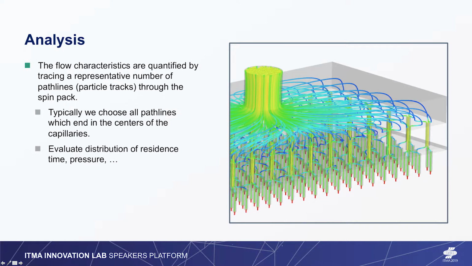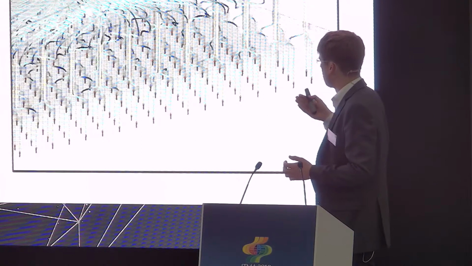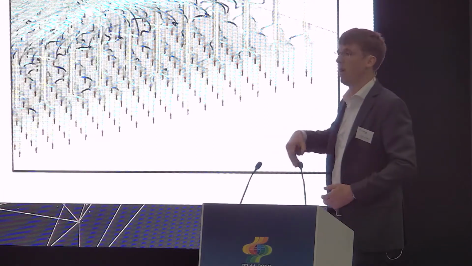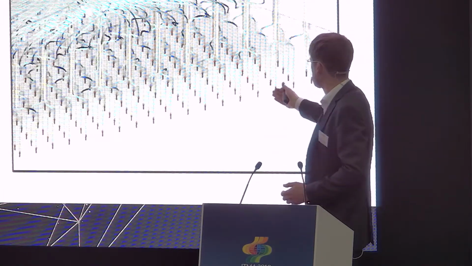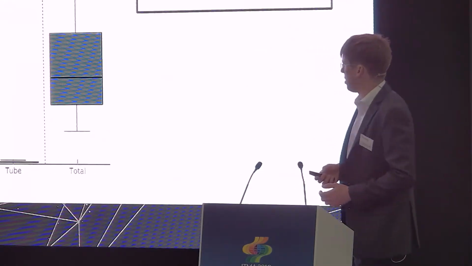What we can do there is we take a representative number of flow paths through the spin pack. Of course, every flow path has different residence time, and we want to look at the spread of this. So typically we use all the flow paths which somehow end in the center of the capillaries, and then do some statistics on this.